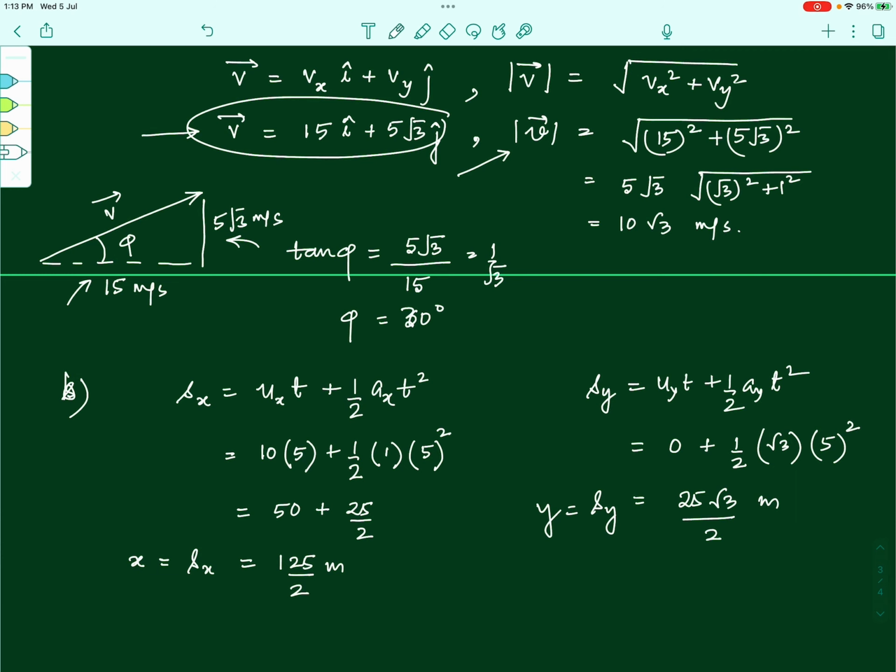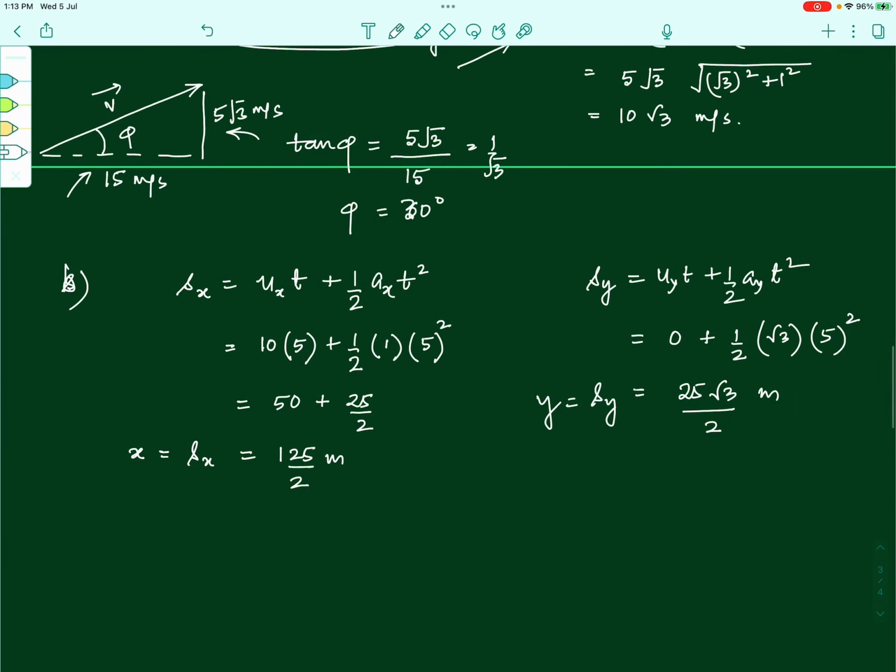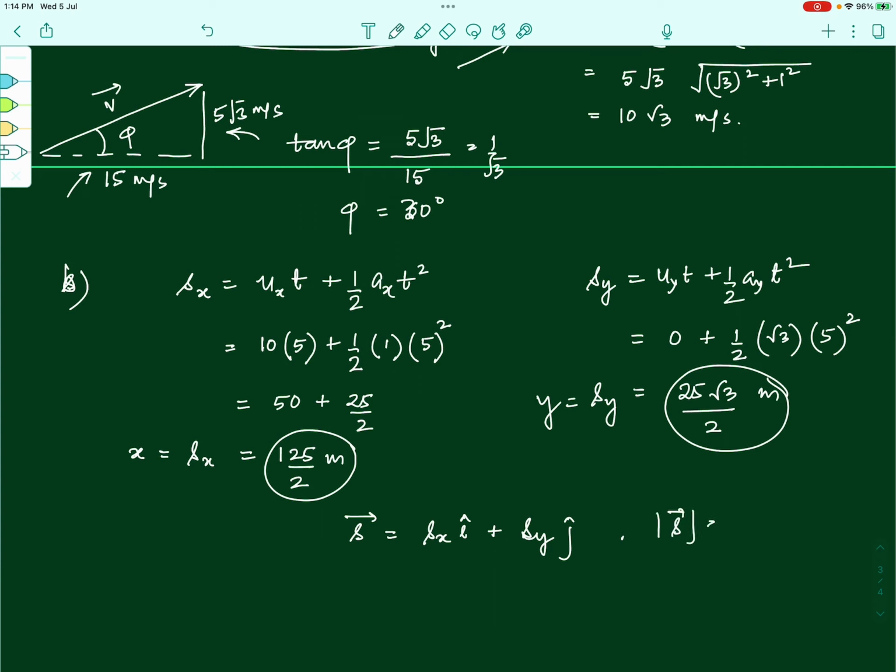So what do we understand from here is that in the time of 5 seconds, the particle travels this much distance along the x-axis and this much distance along the y-axis. So if you want to write the net displacement vector s, it will be sx i cap plus sy j cap. If you want to find out the magnitude of vector s, it will be square root of sx squared plus sy squared, right? The mathematics can be done now.